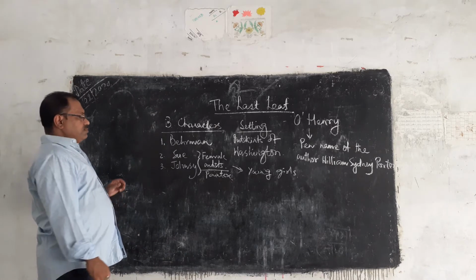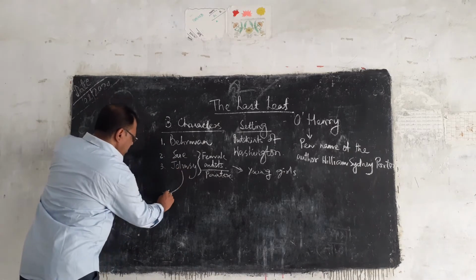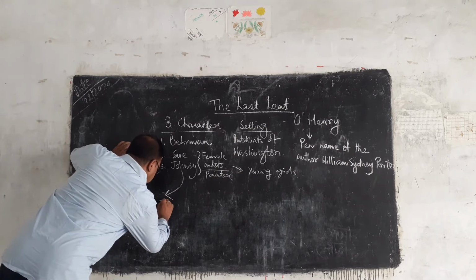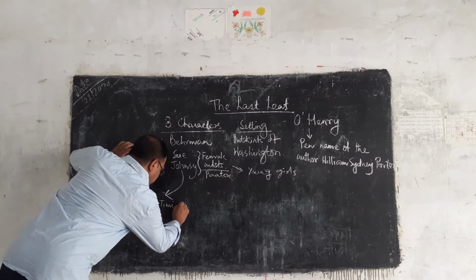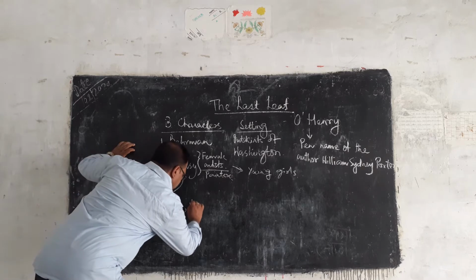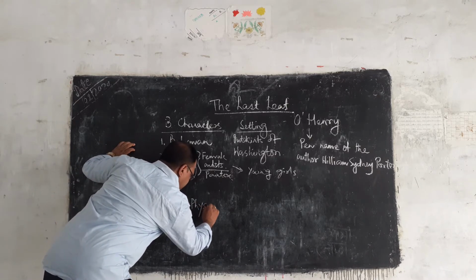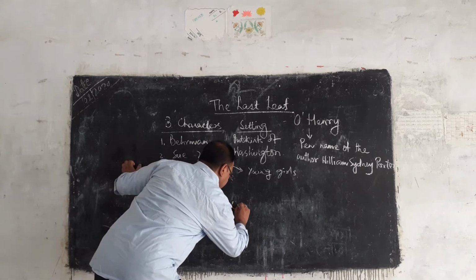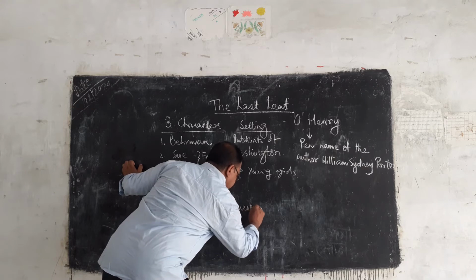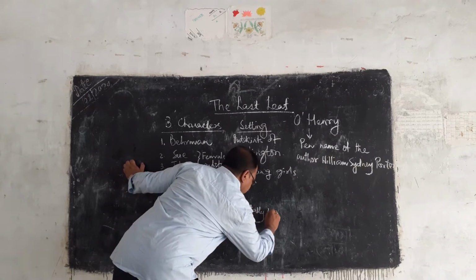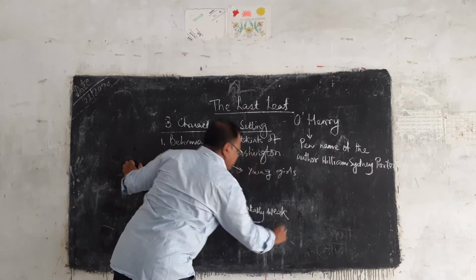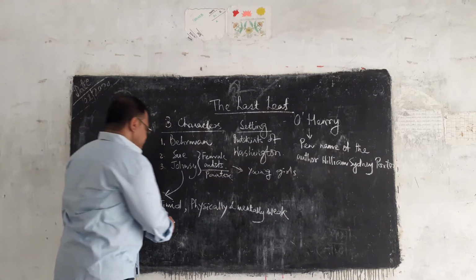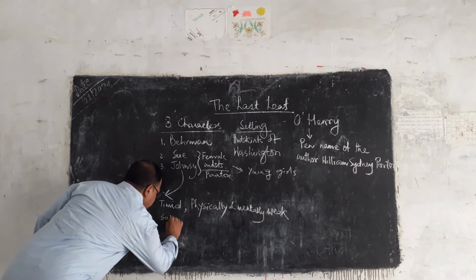Between the two, Johnsy is very timid, physically and mentally weak. She is also superstitious in nature.